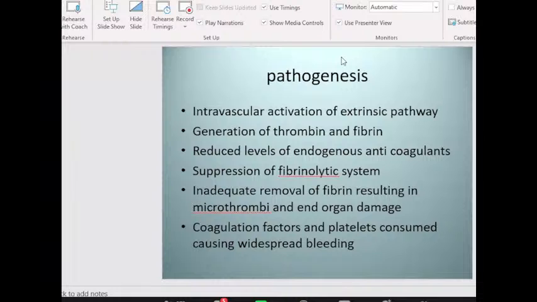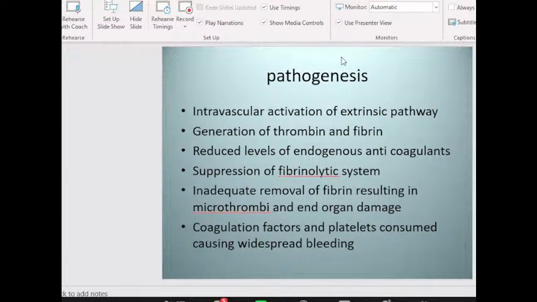If you cannulate them, they'll bleed from the cannula site. Wherever we insert a needle, they'll bleed from there, bleeding from venipuncture sites. And spontaneous bleeding can take place virtually anywhere in the body. In addition to that, the fibrin in the microvasculature will obstruct the blood flow, and there is end organ damage.